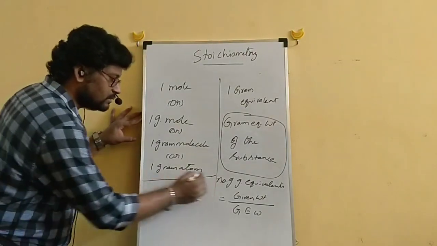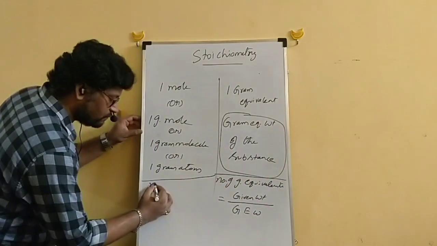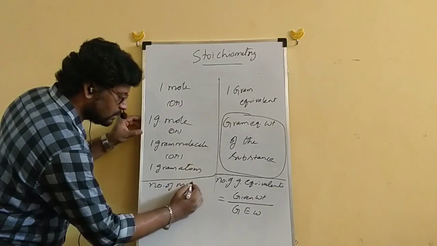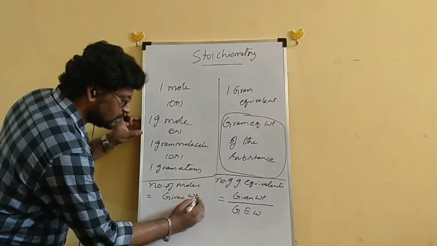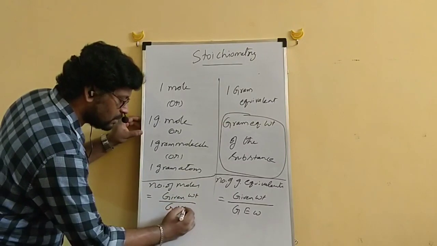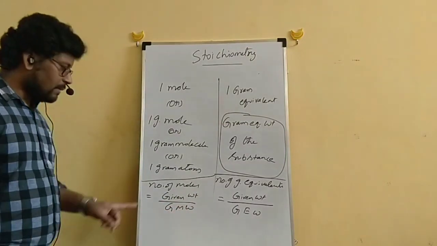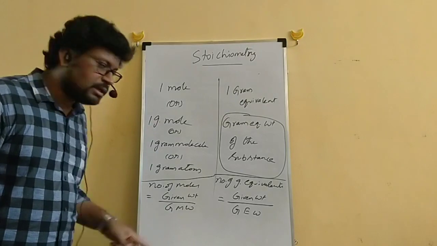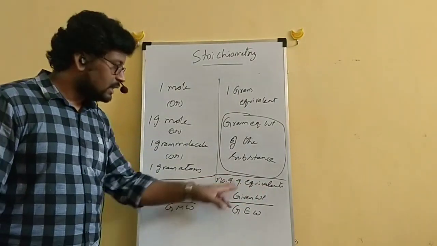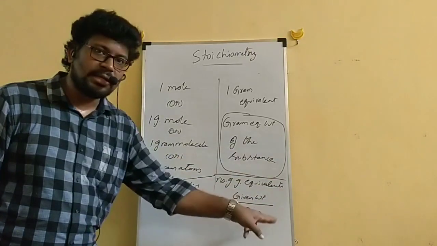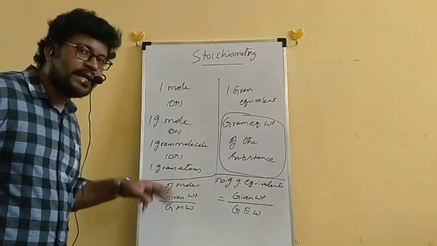Same here also: number of moles is equal to given weight divided by gram molecular weight. Number of equivalents equals given weight by gram equivalent weight. This one is highly useful in normality. This is highly useful in molarity.